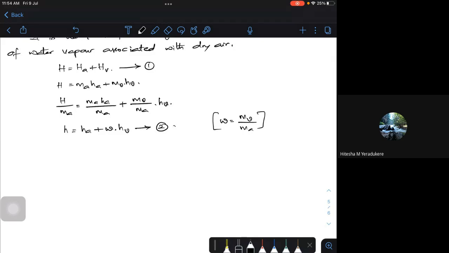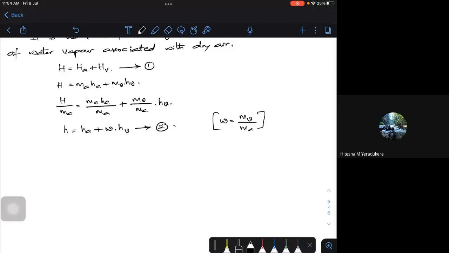Okay. Now what is this HA? It is the enthalpy of the air, the specific enthalpy per 1 kg. We know that enthalpy is a function of temperature, so I can write HA as Cp into T. But what is the T? T is the dry bulb temperature.